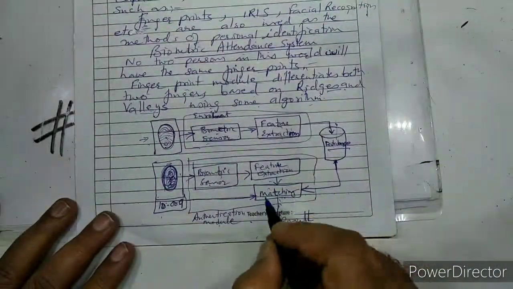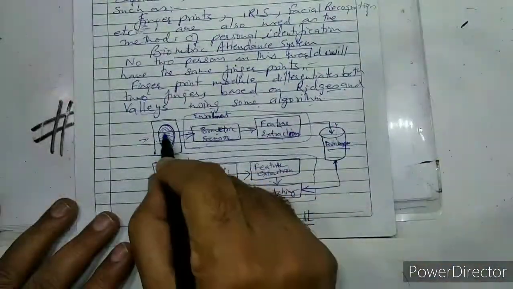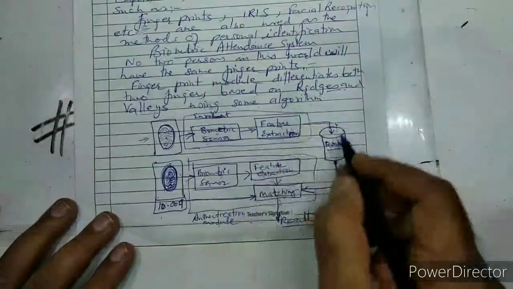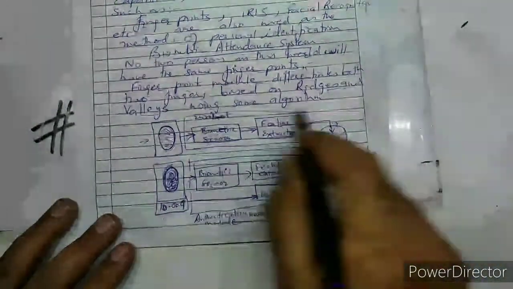So here the fingerprints are matched with the earlier enrolled fingerprints. If they are exactly the same, then it gives the result as okay. Otherwise it gives no match.